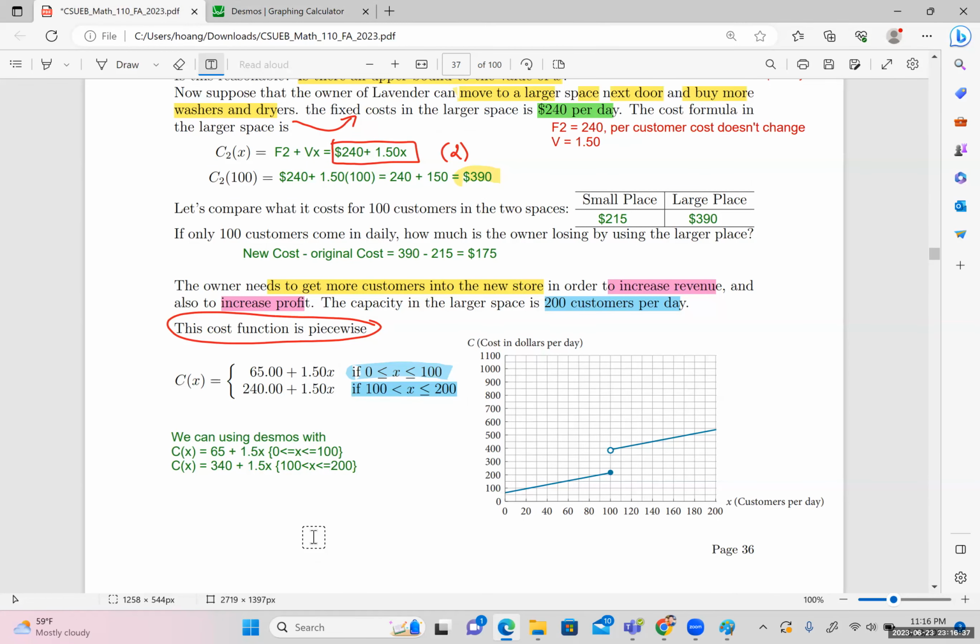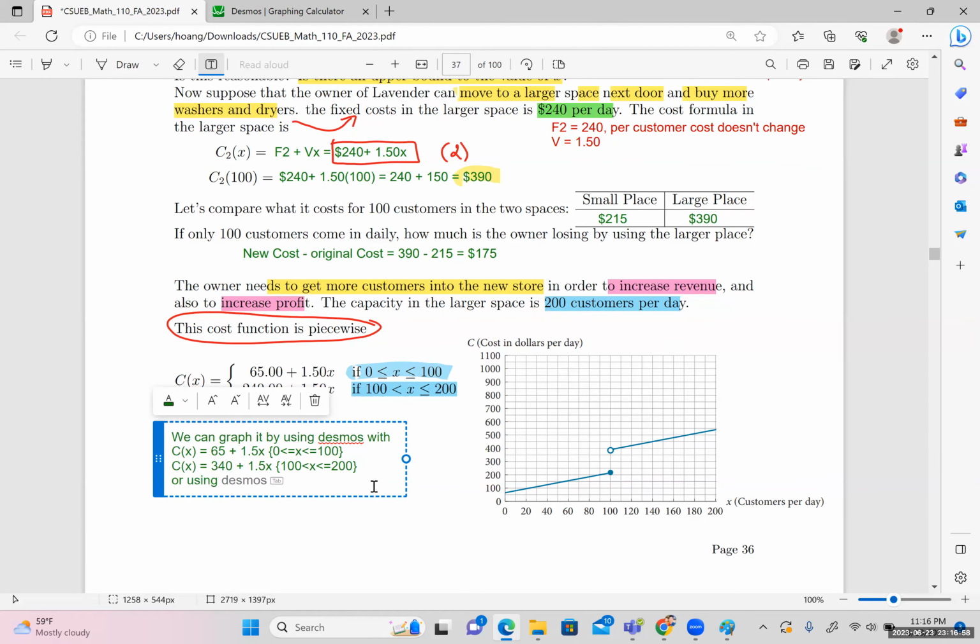All right, so you can graph it by using Desmos, or using a table with values as below. So we can have X, C1(X).